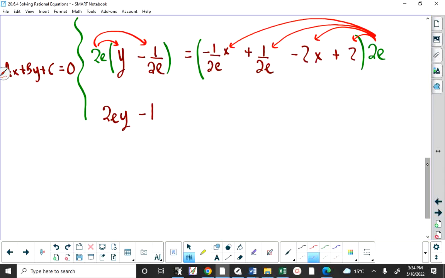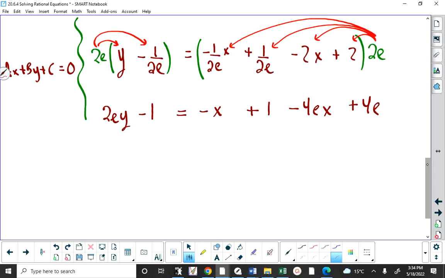So 2e times negative 1 over 2e multiplied by x gives, on the right-hand side, negative x. 2e times 1 over 2e gives 1. Negative 2x times 2e gives negative 4ex. And then 2 times 2e gives 4e.